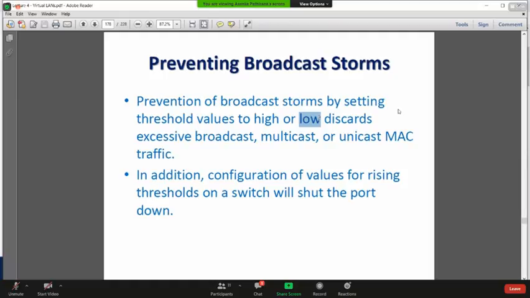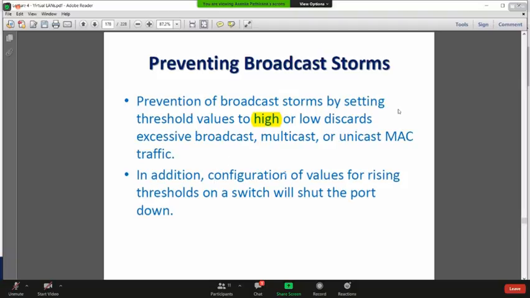We want to prevent the higher threshold is the part applicable with the excessive broadcast. Multicast, unicast, whatever those kinds of traffic, right?